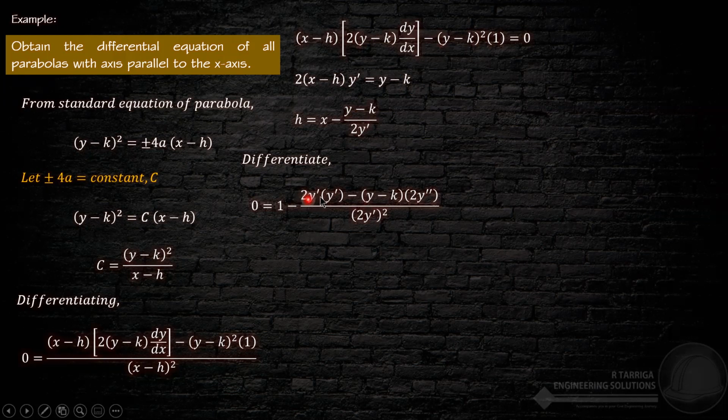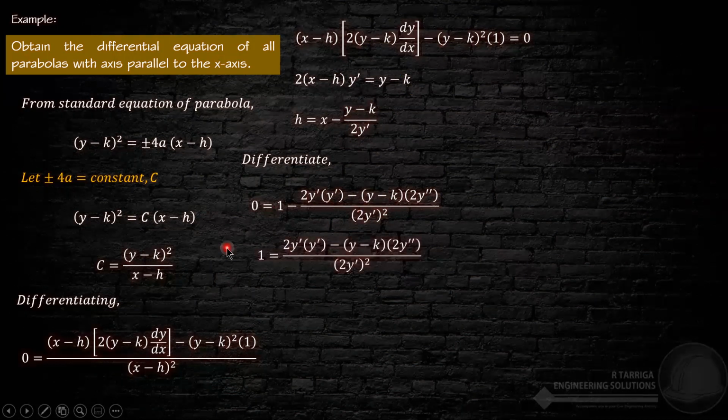V is 2y prime, u is y minus k. So, syempre, if i-derivative natin yan, y minus k, y prime na siya. Minus y minus k, ang 2y prime, if i-differentiate, maging 2y double prime. Okay? Does it make sense, no? Algebra na tayo. That would become, ito.